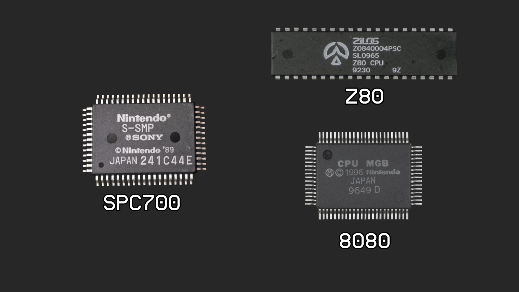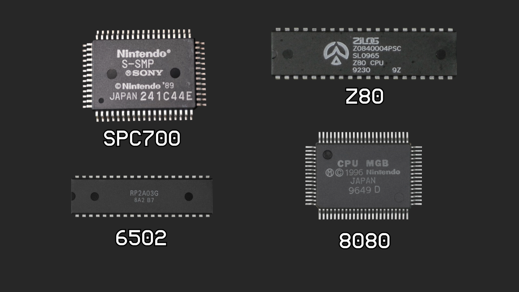And then, since the SNES's main processor, the Ricoh 5A22, is based upon the 65C816, it wouldn't be wild to use a 6500 series processor as well. The Ricoh 2A03 was found in the original NES, which was based upon the 6502.